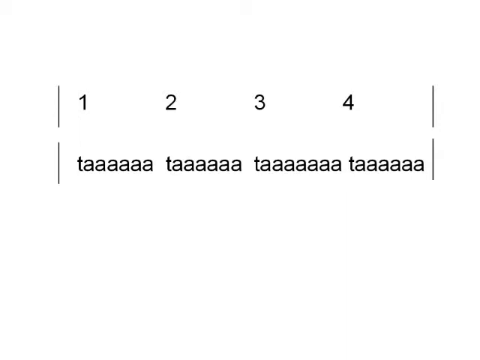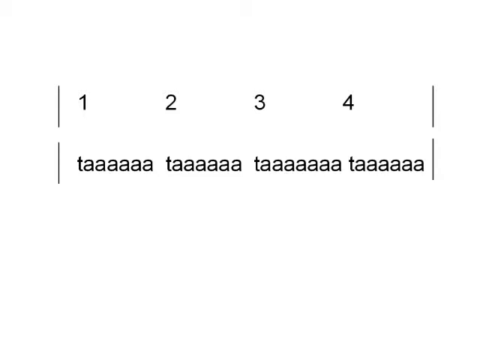I need to know exactly when my sound is emitted. With a T, I hear exactly when the sound is emitted. So in this case, for example, I have one sound for each beat.